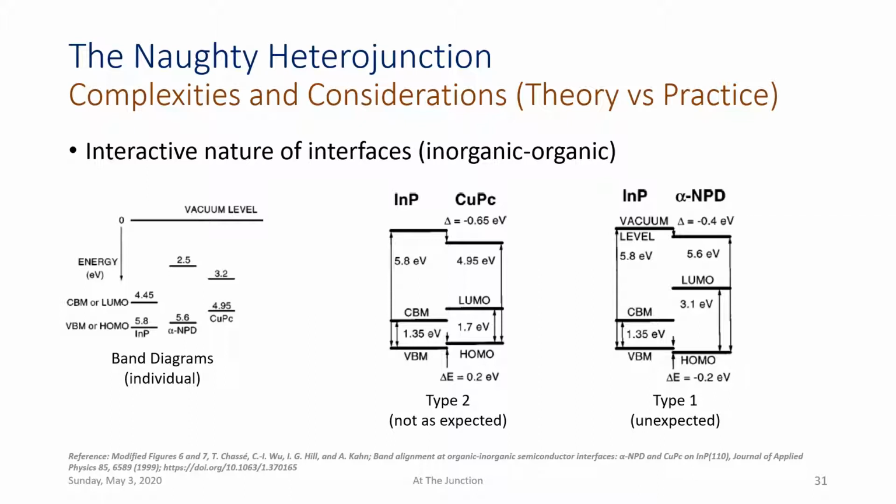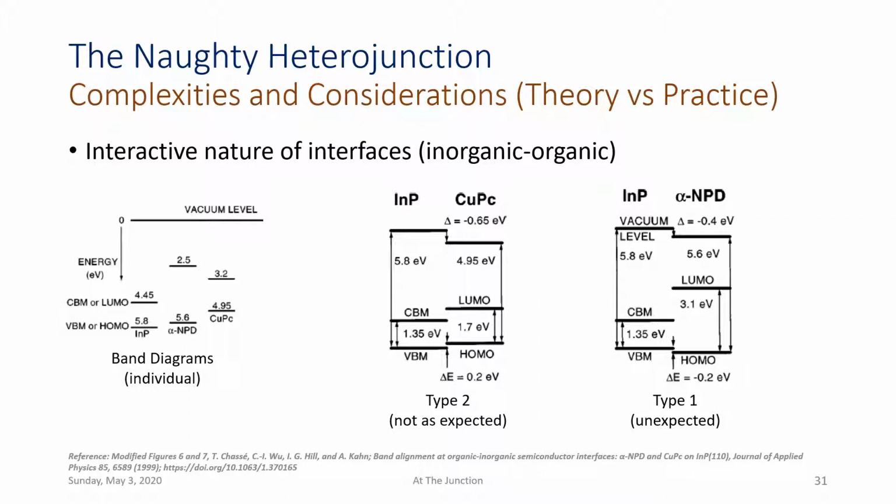Analyzing this, we could conclude that both the organic materials would form a type 2 heterojunction with indium phosphide. In case of indium phosphide and copper phthalocyanine heterojunction, we do get a type 2 heterojunction, but it is not as what we would have expected because the delta EV is much smaller.